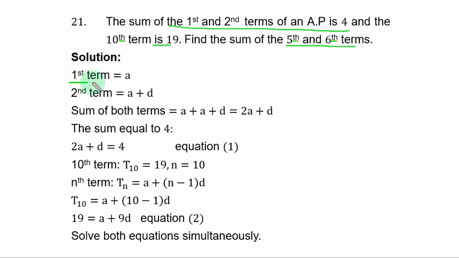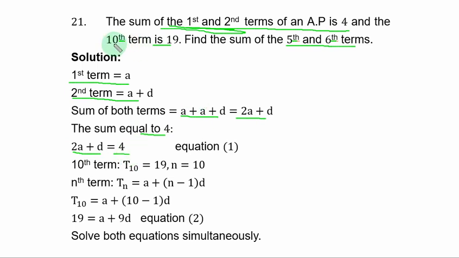The first term is equal to A. The second term is equal to A plus D. From the question, the sum of both terms is 4. That means A plus A plus D, that is 2A plus D. You equate the sum to 4. So 2A plus D is equal to 4. Let's call that equation 1.